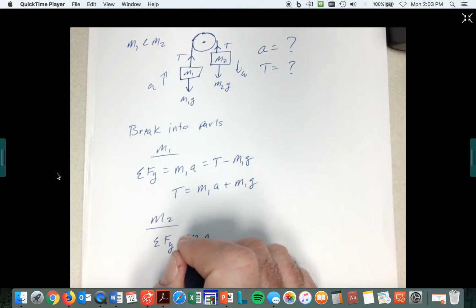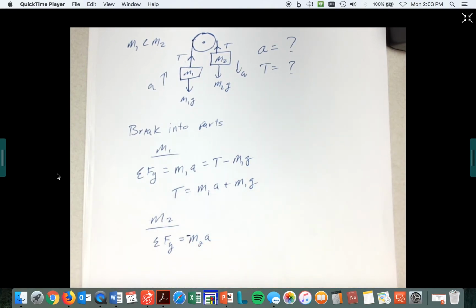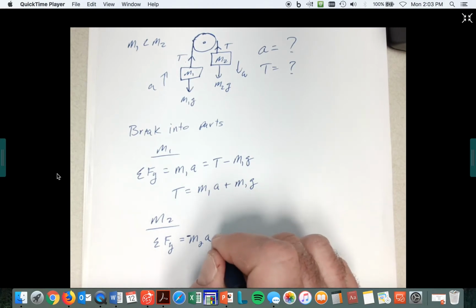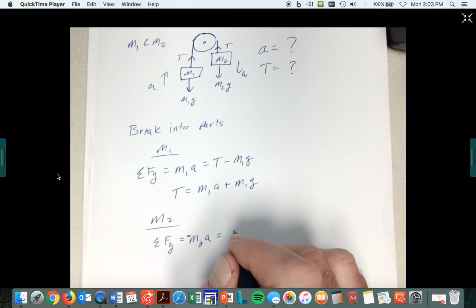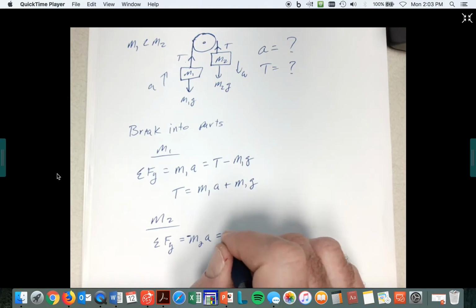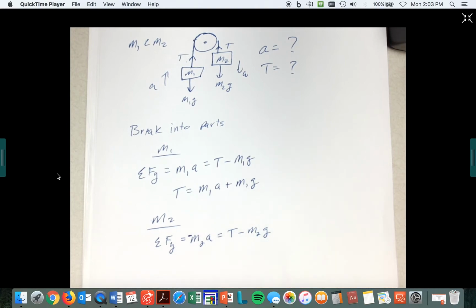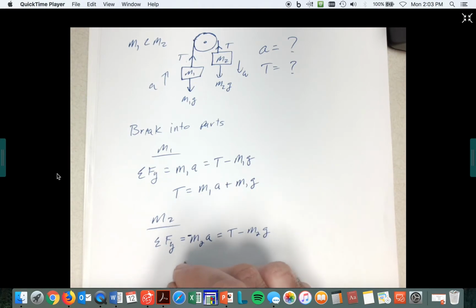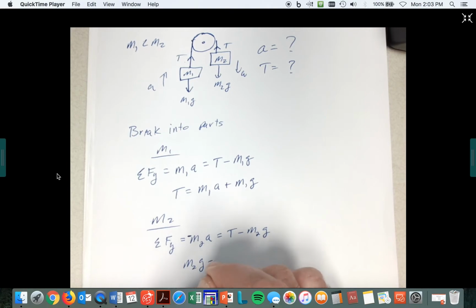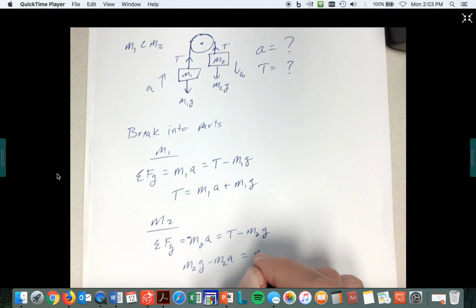Right, it's negative. It equals negative m2a, which is equal to T minus m2g. So I wind up with m2g minus m2a is equal to the tension.